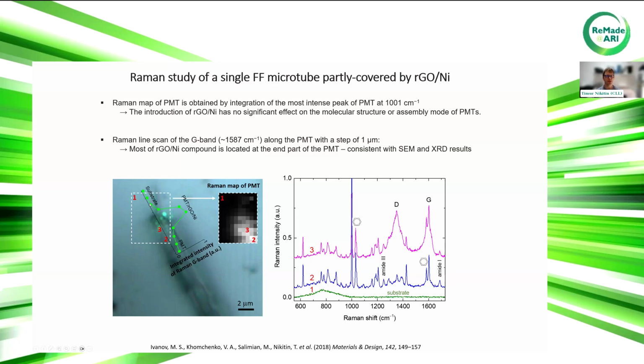And as a result of this Raman line scan, done on the G band at 1587 along the peptide microtubes with a step of 1 micron, what we draw from here is that most of the reduced graphene oxide and nickel nanoparticles compound is located at the end part of the peptide microtubes, which was consistent also with other techniques used.